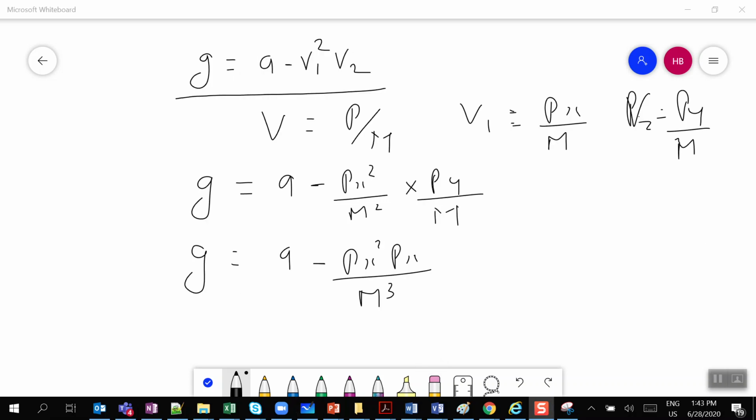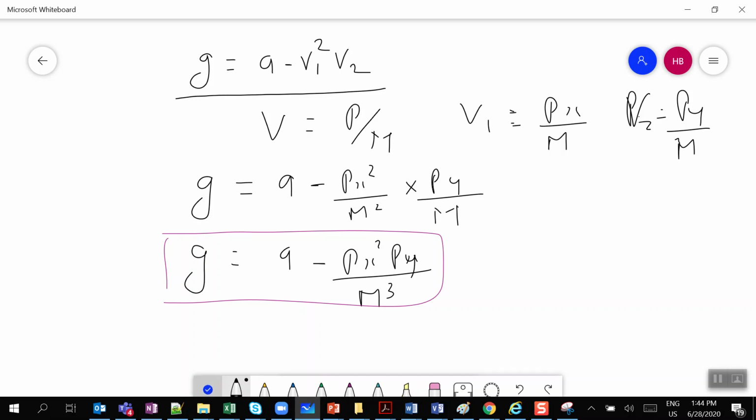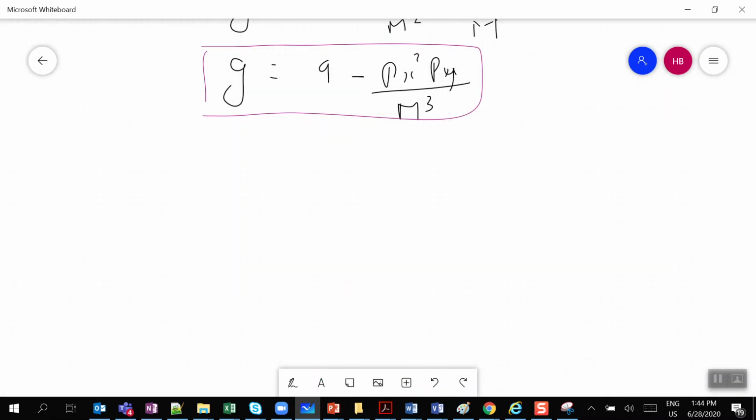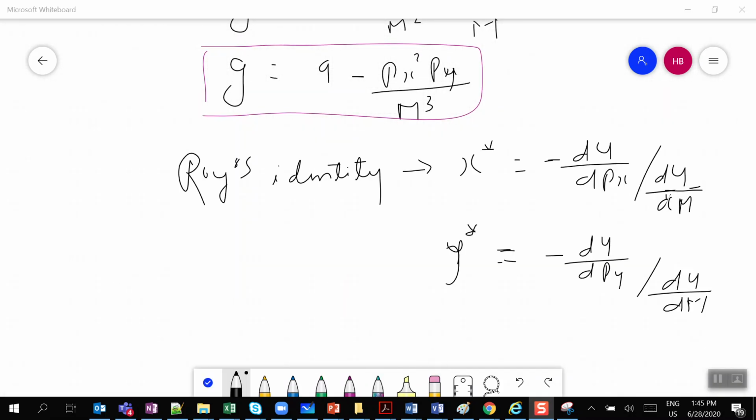So you can write your function in terms of x and y by putting v1 equal to px by m and v2 equal to py by m. Your g becomes a minus px squared py divided by m cubed. Now you know Roy's identity.